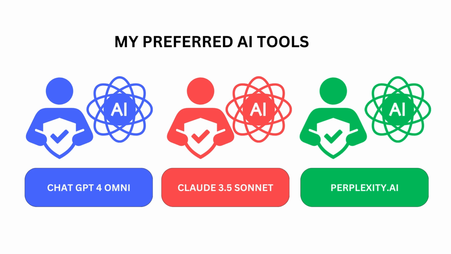I mainly use Claude 3.5 Sonnet to structure and plan with me the stories for each of my ancestors. And Perplexity, my newest assistant, helps me pose the historical context that I can include in those ancestral stories.